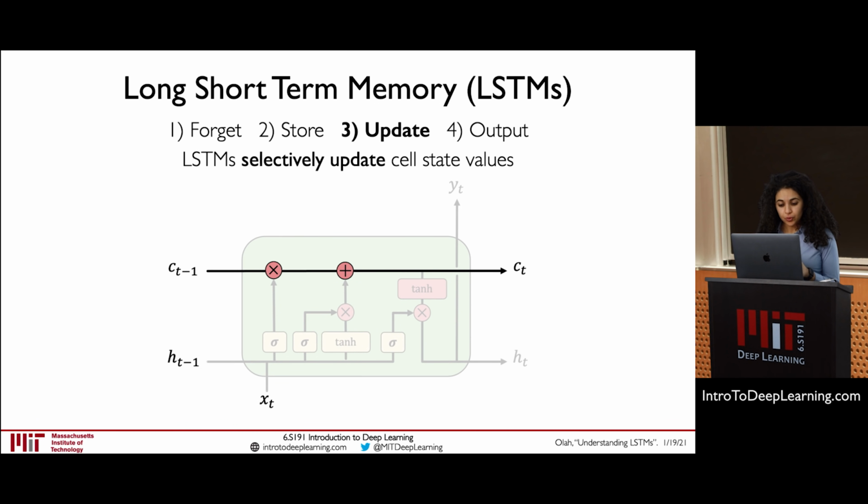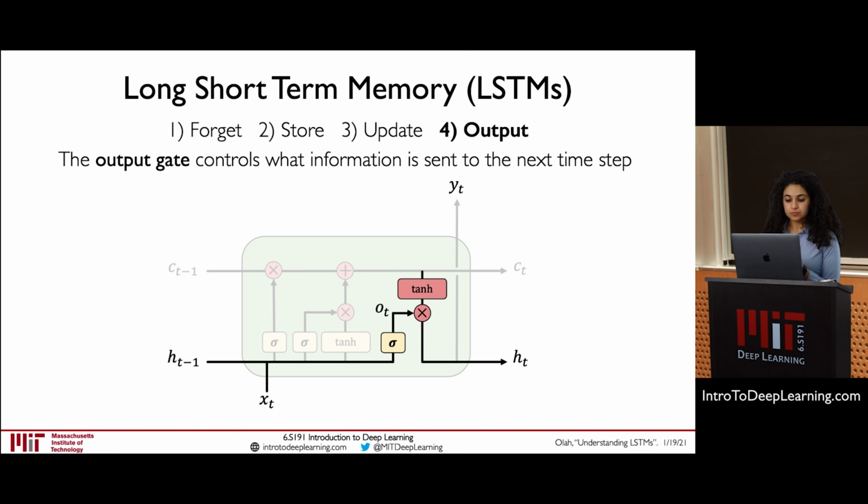What is really critical about LSTMs is that they maintain the separate value of the cell state, C of t, in addition to what we introduced previously, H of t. And C of t is what is going to be selectively updated via these gate-wise operations. Finally, we can return an output from our LSTM.